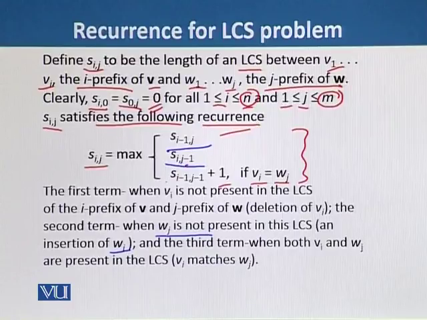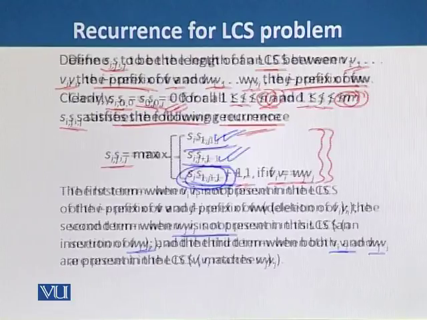The third equation is when both Vi and Wj are present in the LCS. So in the first the letter is missing from the V string, in the second the letter is missing from the W string, and this third equation is when the letters are identical at a particular position in both the V and W strings.